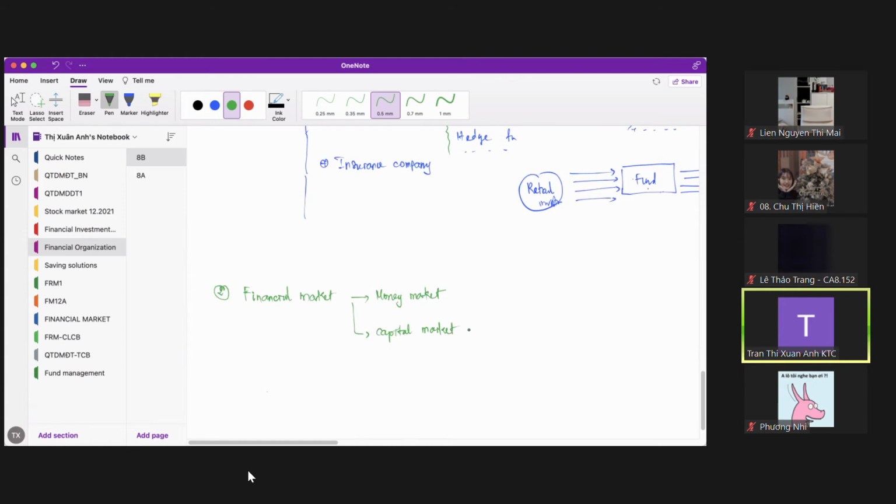And in detail, the capital market has the debt market, or we have the stock market. And one more point here, maybe we have derivatives markets.